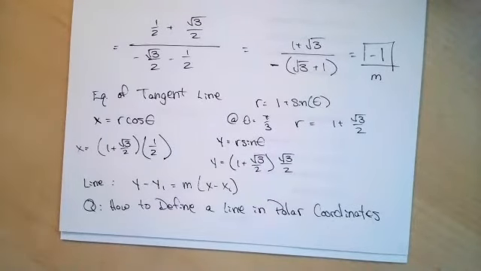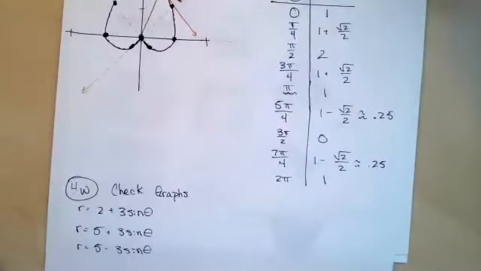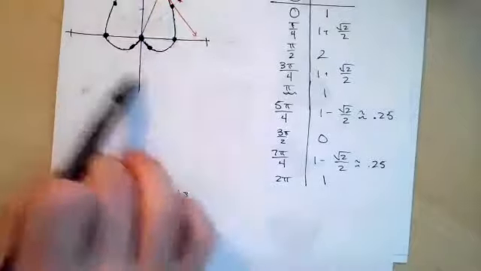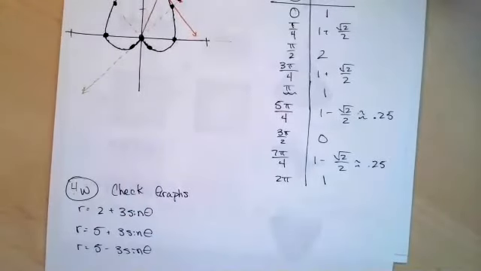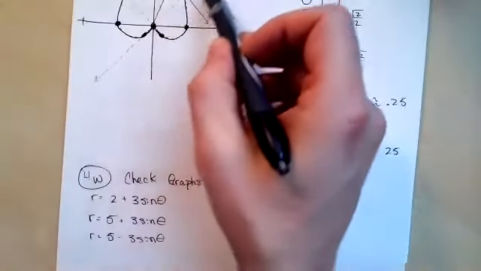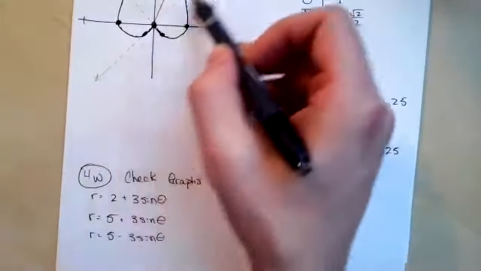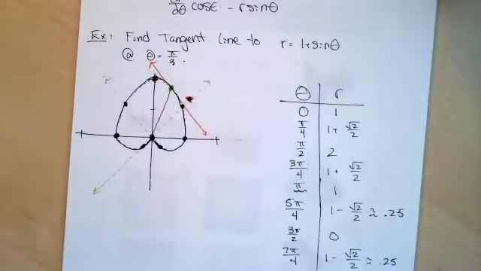We saw a little bit yesterday. If we just have theta is equal to a constant, so just to kind of reuse the grid, if we're looking at an equation that just says theta equals pi over 4, that's this entire line here. Lines through the origin are actually pretty easy because it's just going to be theta equals whatever the angle is.